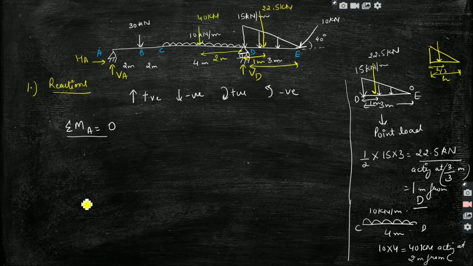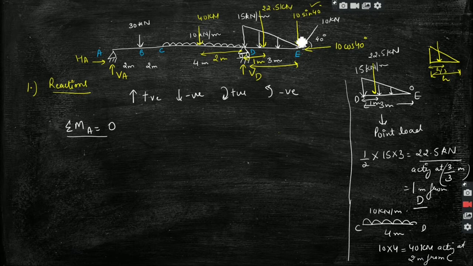Another thing is that we have an inclined load. For the inclined load, we have to resolve it into two components, 10 sin 40 and 10 cos 40. But we will be using only the vertical component for the calculations. Starting from point E, I will calculate the moments.